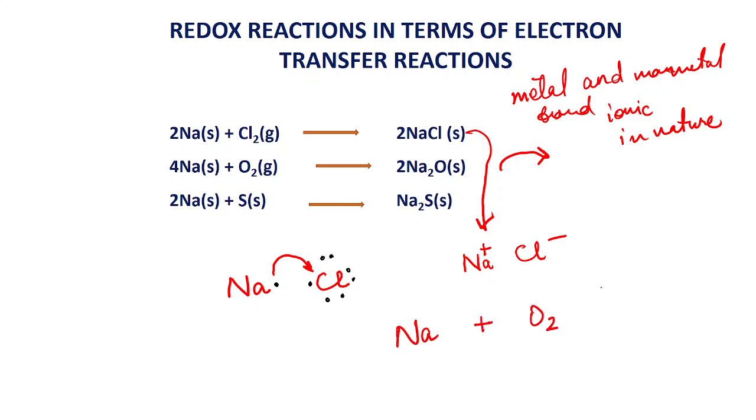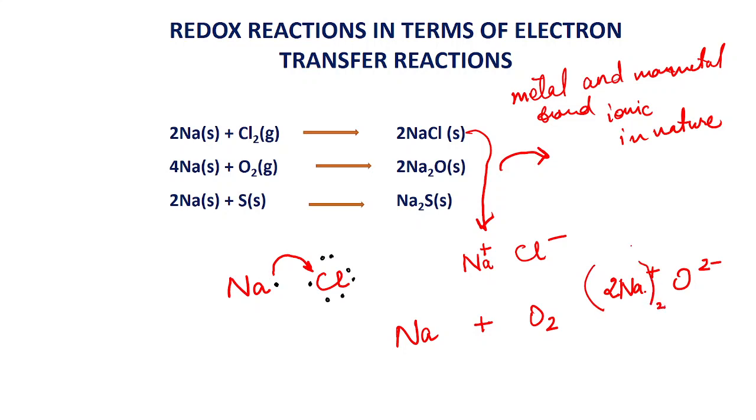Now Na plus O2 I can represent as Na positive, and O2 negative. Since two negative charges are there, you will have two Na positives. Now Na and this 2 we have to balance, so a 2 will come here.